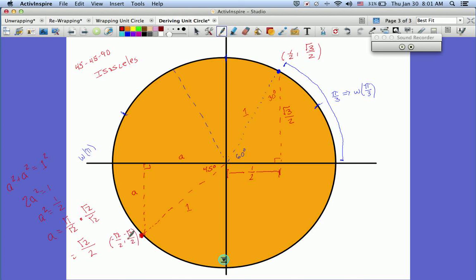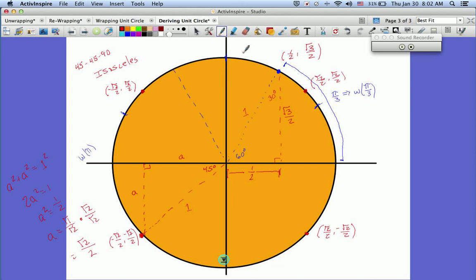If I was in the second quadrant, x would be negative and y would be positive. If I was in the fourth quadrant, x would be positive and y would be negative. If I was in the first quadrant, they would both be positive.